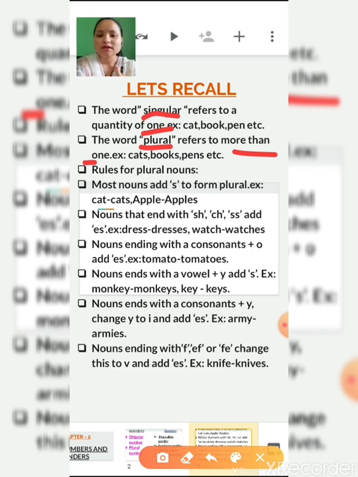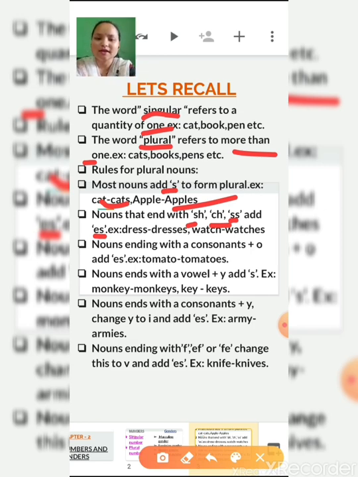So the first rule is most nouns add s to form plural. Example, cat, cats, apple, apples, right? Nouns that end with ss, sh, ch add es at the end.